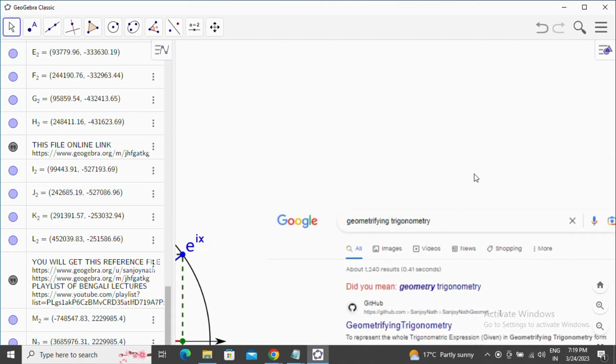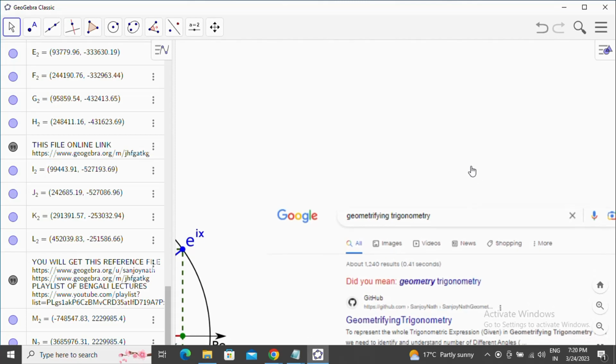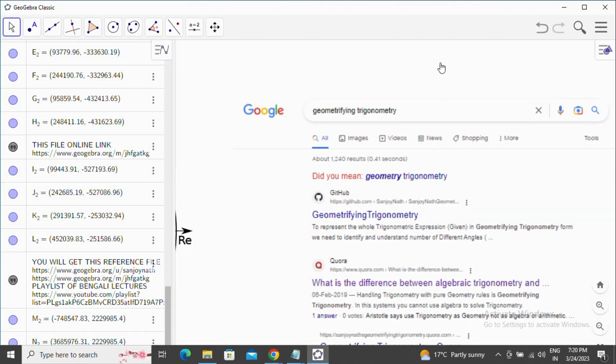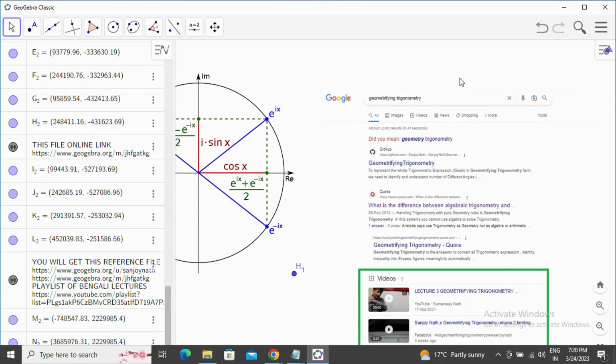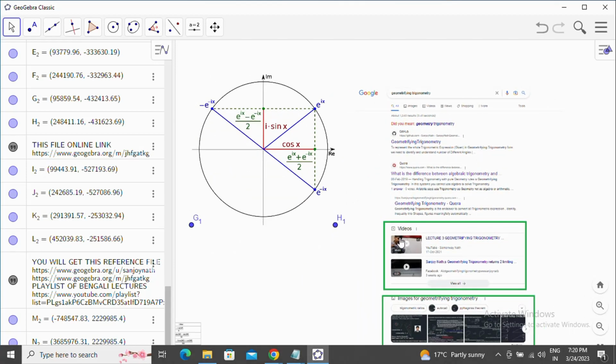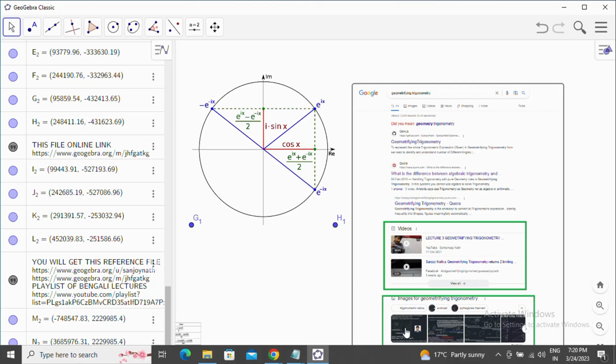Google, and you have to type geometrifying trigonometry to get several theories on GitHub pages, in Coda, and in several other places also you will get this data. And there are lecture videos also available, especially in the Bengali language, but there are the pictures in the images.